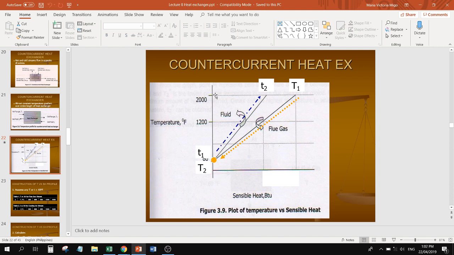This is a temperature versus sensible heat plot. By convention, the small letter t is assigned to the working fluid, and the capital letter T is assigned to the flue gas. So we have the flue gas line and the working fluid line.